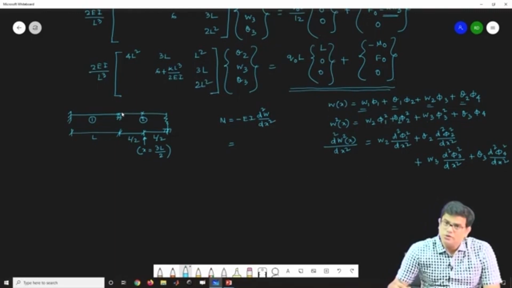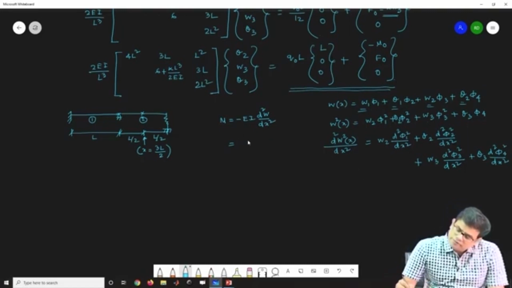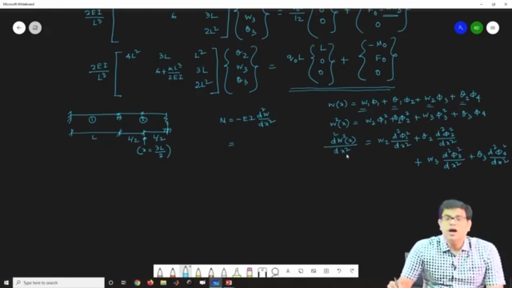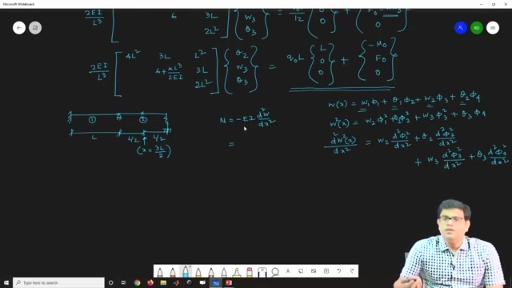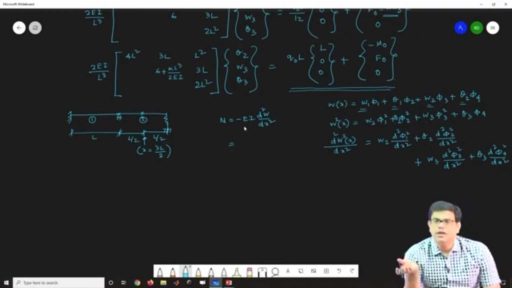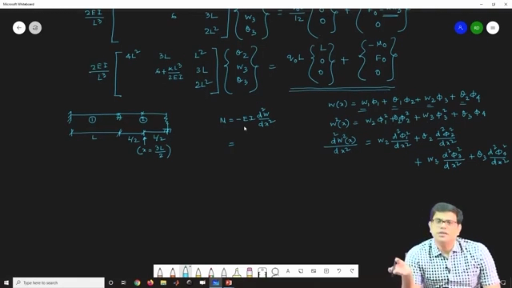Once you substitute in this equation, you know the moment at that point. That is how we calculate the moment at any point, and similarly stresses and strains at any point.